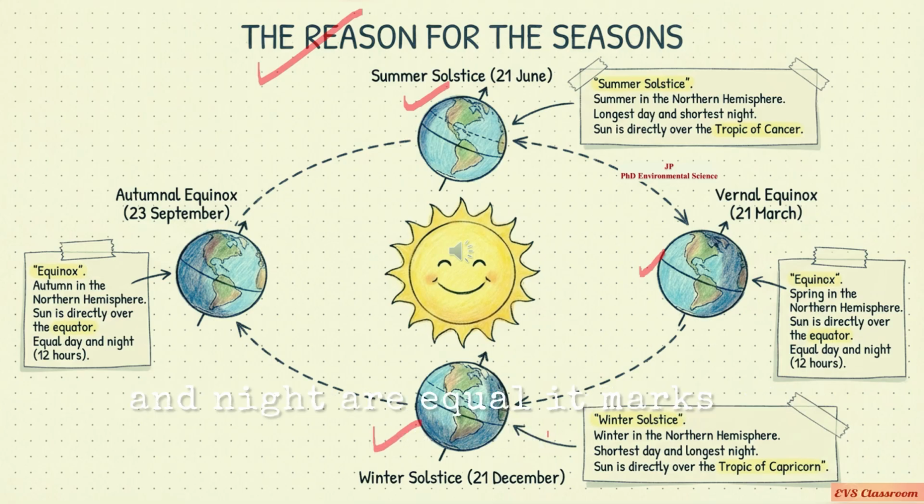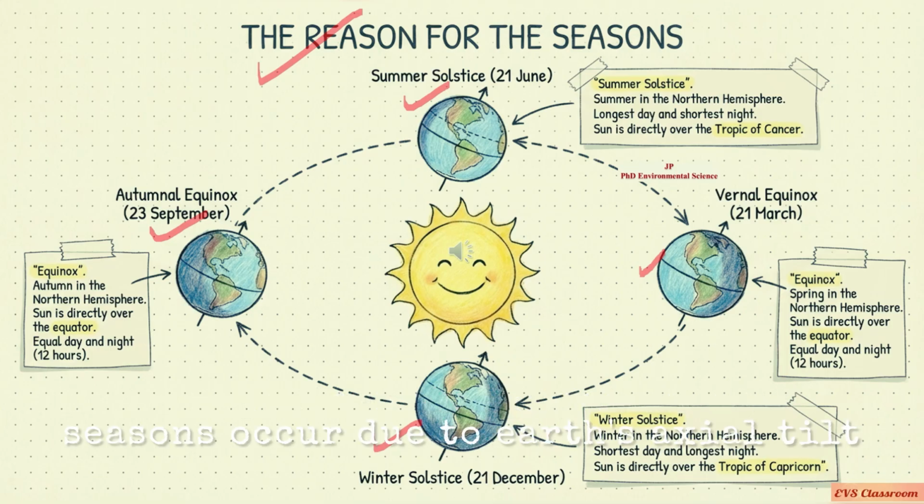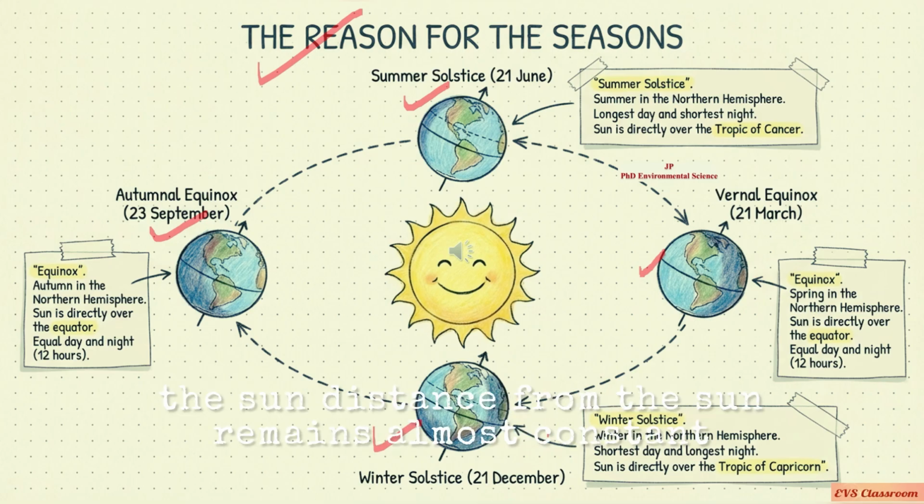Again, day and night are equal. It marks the beginning of autumn. So important things you need to remember: seasons occur due to Earth's axial tilt, that is 23.4 degrees, and Earth's revolution around the sun. Distance from the sun remains almost constant.